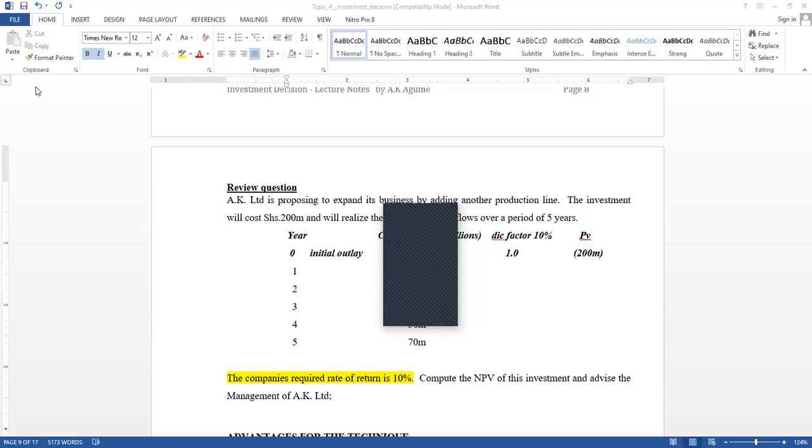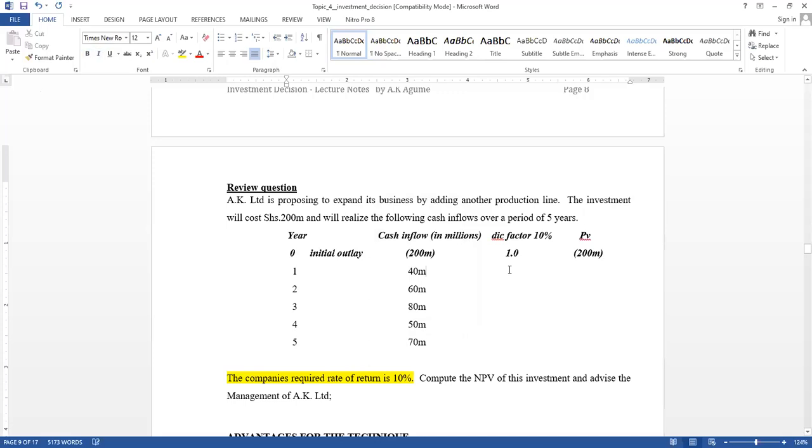Year 1 is 0.9091. Then year 2? Year 2 is 0.8264.